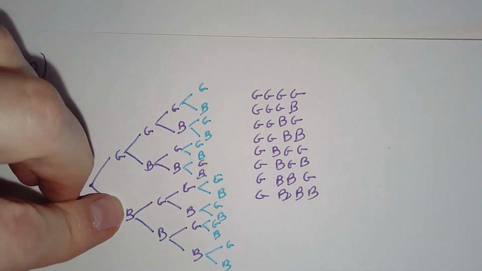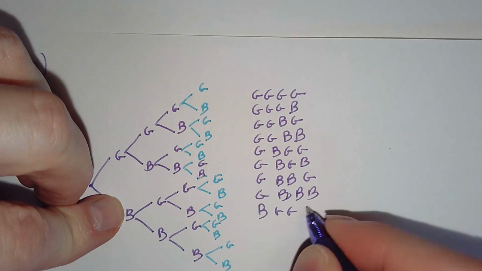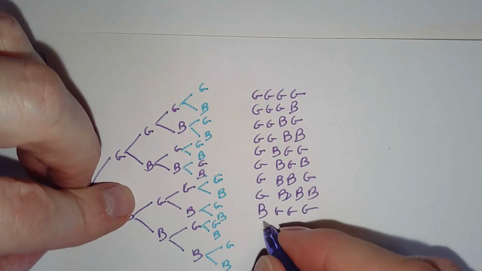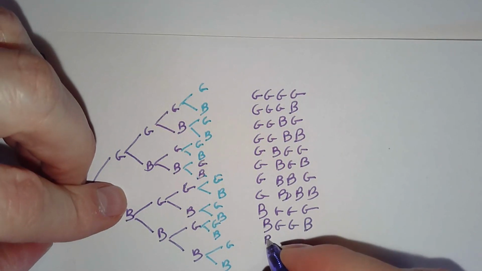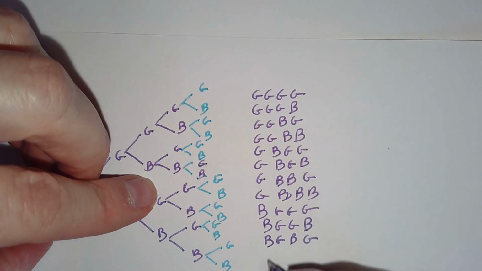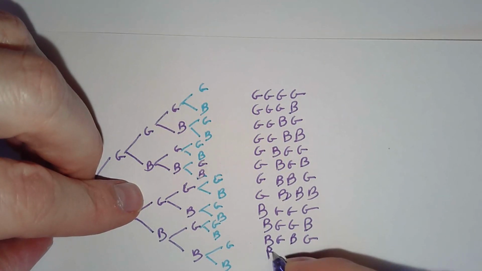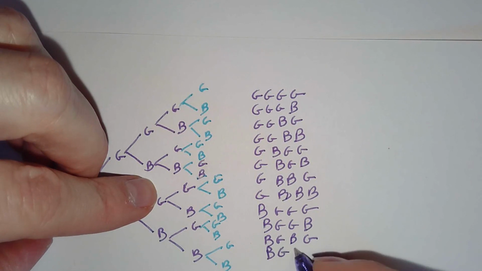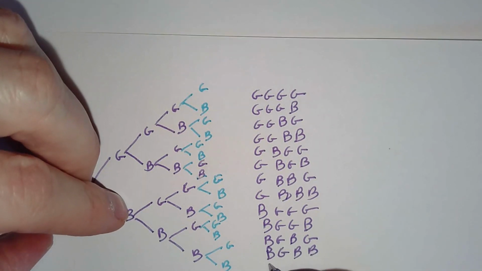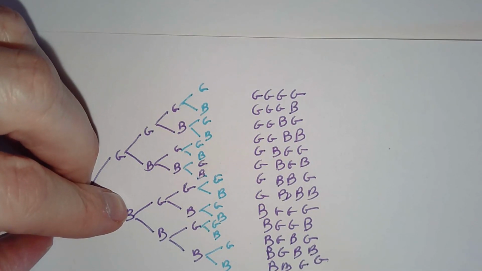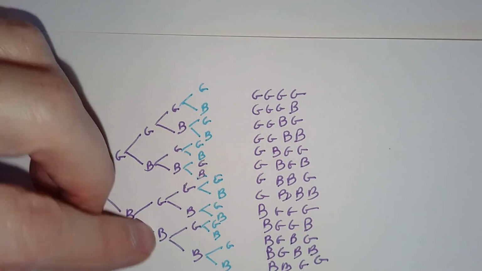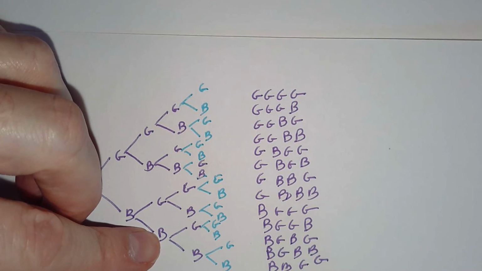And I'm going to do the same thing down here. We have boy, girl, girl, girl, boy, girl, girl, boy, boy, girl, boy, girl, boy, girl, boy, boy, and then boy, boy, girl, girl, boy, boy, girl, boy, and then finally boy, boy, boy, girl, and boy, boy, boy, boy.